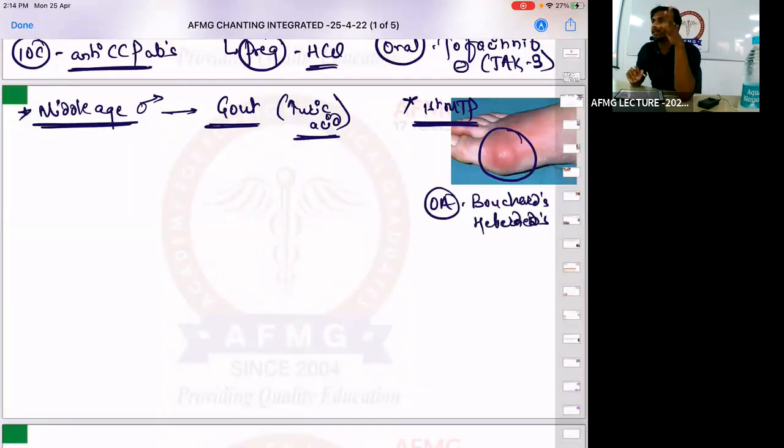Bouchard's nodes are present at the PIP and Heberden's nodes at the DIP joint. A question has come on this, which is where. Bouchard's comes with B first, so PIP has Bouchard's nodes and DIP has Heberden's nodes. If there is an inflammatory finding in these nodes, that can also be suggestive of gout.